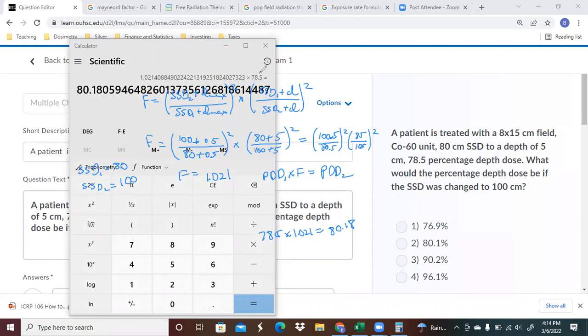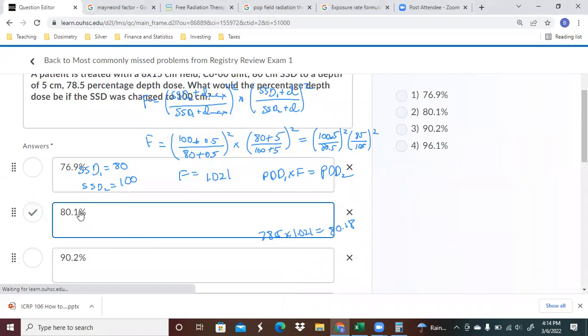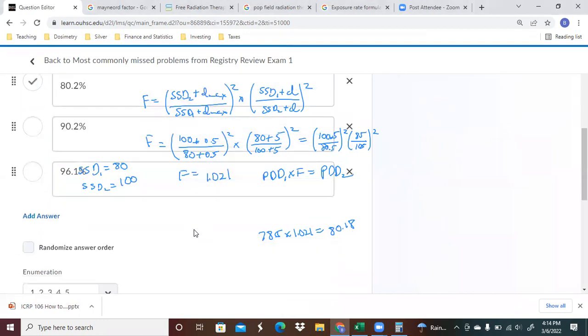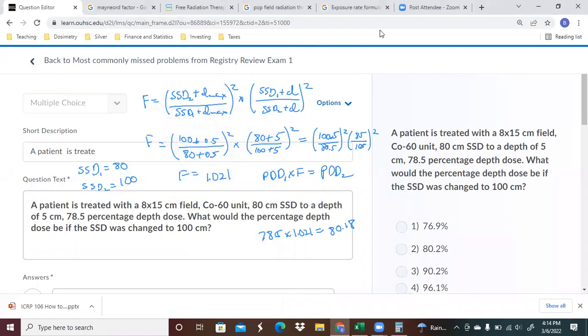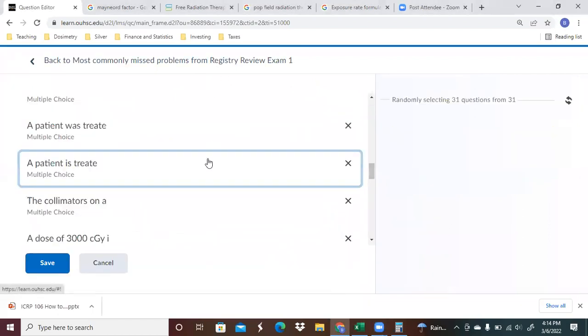Closest thing to that is going to be the 80.1 here, which I think should be 80.2. Okay, let's keep going.